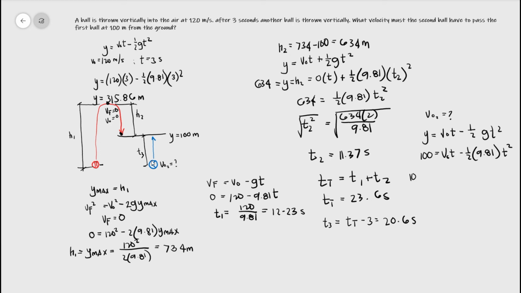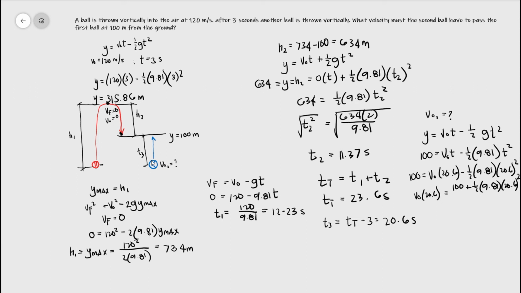Therefore, let me replace it again. The initial velocity times 20.6 minus 1/2 times 9.81 times 20.6 squared. Okay, that's solving for the initial velocity, v sub o. We have v_0 times 20.6 equal to 100 plus 1/2 of 9.81 times 20.6 squared.